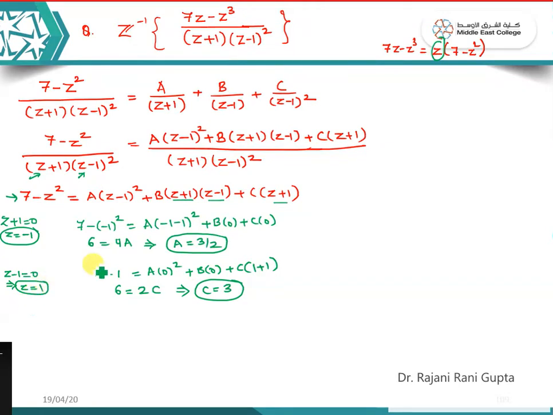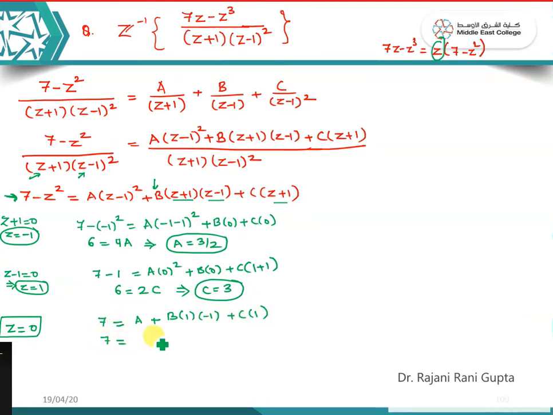Now to get the last constant B, we don't have any other value left from here, so use any value of your choice. I will go for 0 because it's easy to substitute. So 7 equals A times (minus 1) squared, which gives 1, plus B times (1 minus 1)... and C times 1, because Z is 0.